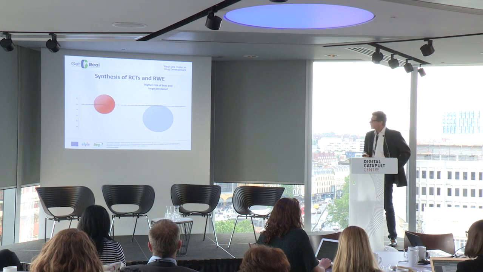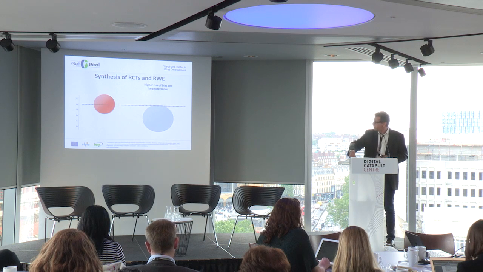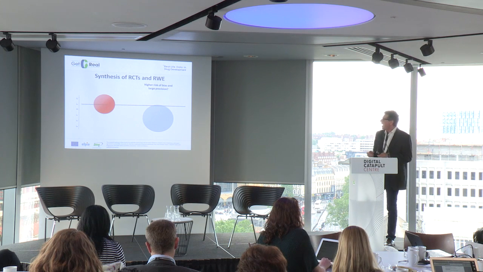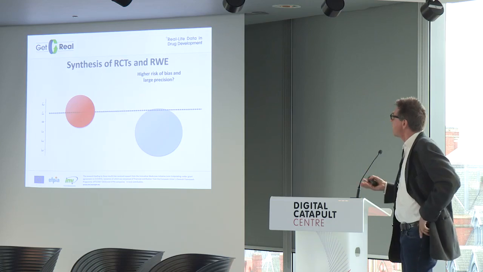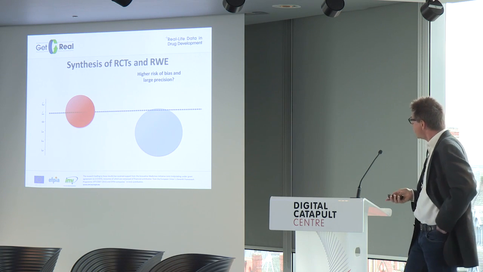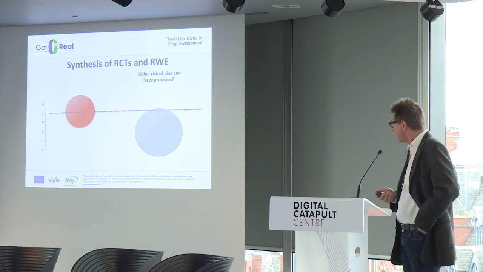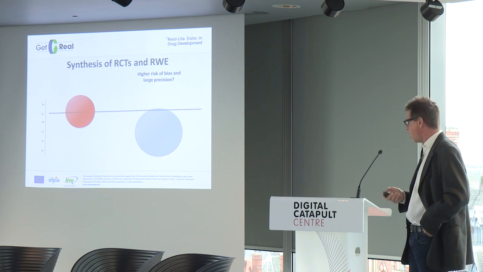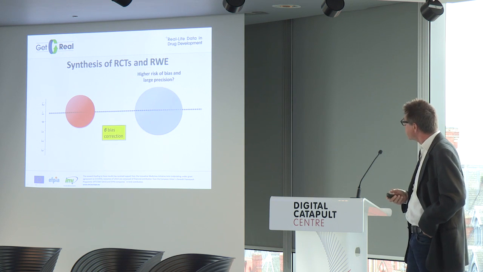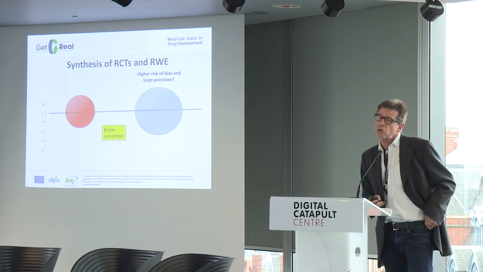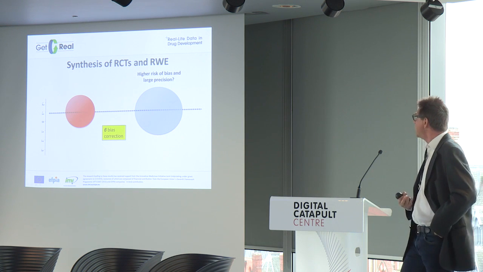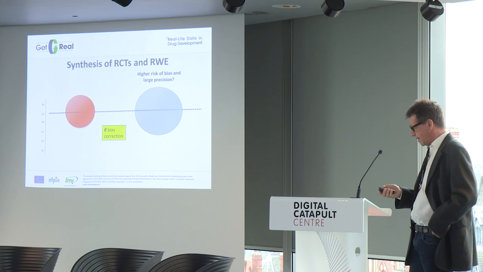So let's look at evidence from RCTs and evidence from observational studies, again, red and blue. And of course, with the observational studies, we have the issue of a high risk of bias and large precision, which may be spuriously large, too large. So what we can do is we can introduce in our model a term beta, which would correct for the bias in the observational data.